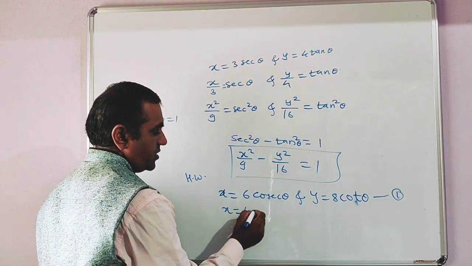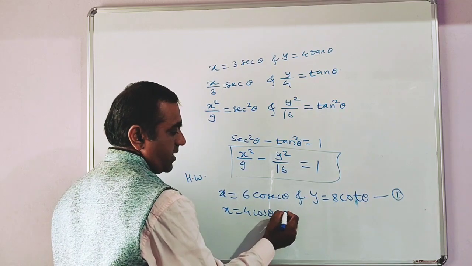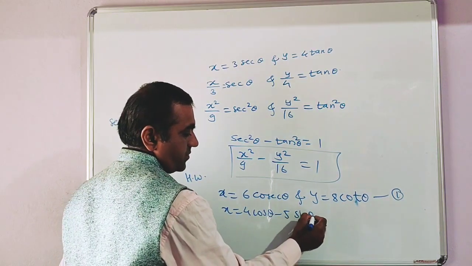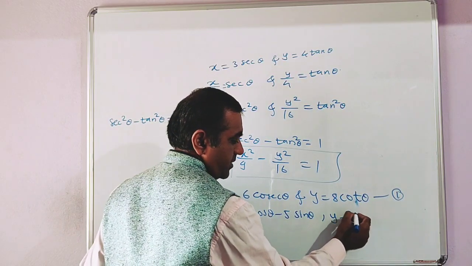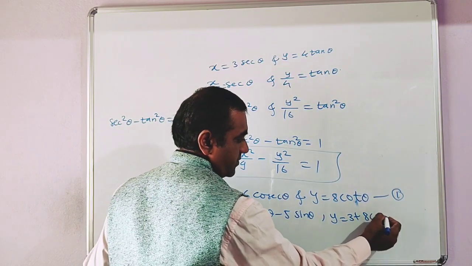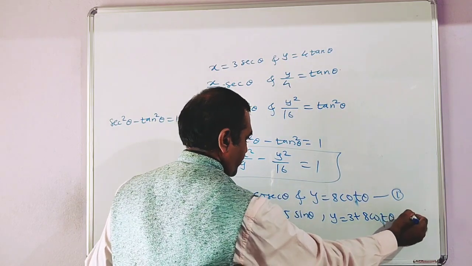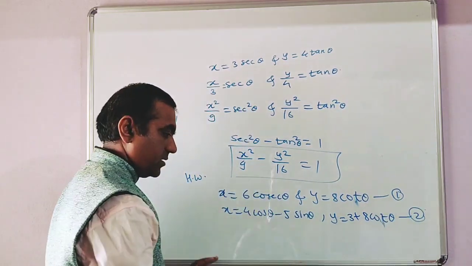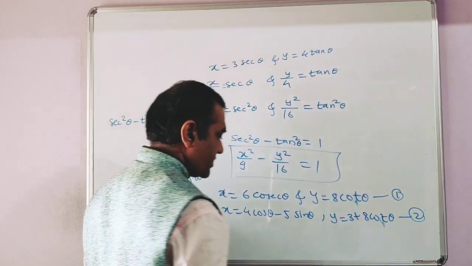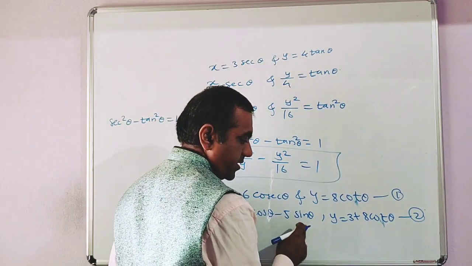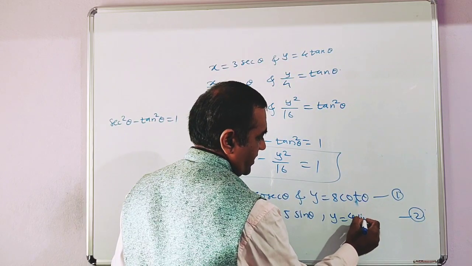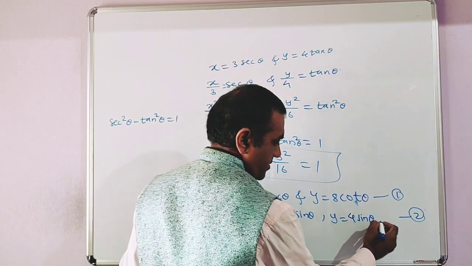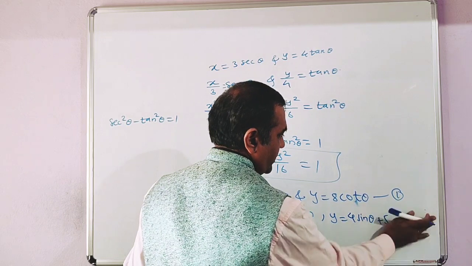Another one: x is equal to 4 cos theta minus 5 sin theta and y is equal to 4 sin theta plus 5 cos theta.